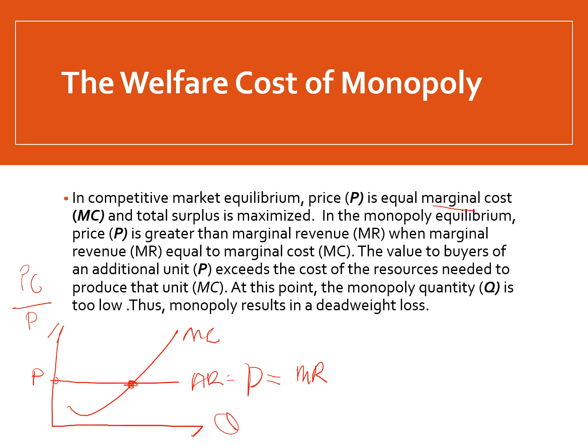Here P is equal to the MC, because MR is equal to the MC, and the MR also equals the demand curve. That is why for the competitive market, P is equal to the MC.